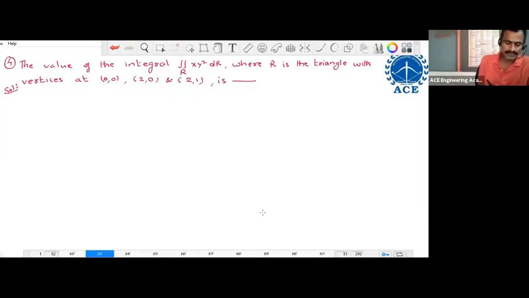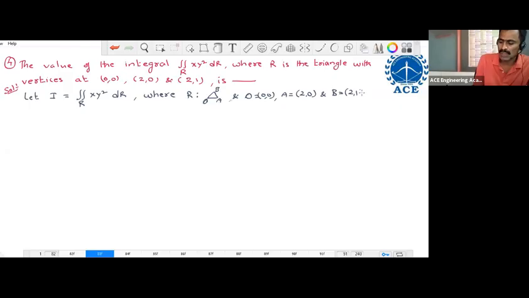Now, let us do the problem. Let I equal the given integral, double integral over R of x y square dR. Here dR is dx dy, where R is the triangular region OAB, with O equal to (0, 0), A equal to (2, 0), and B equal to (2, 1).